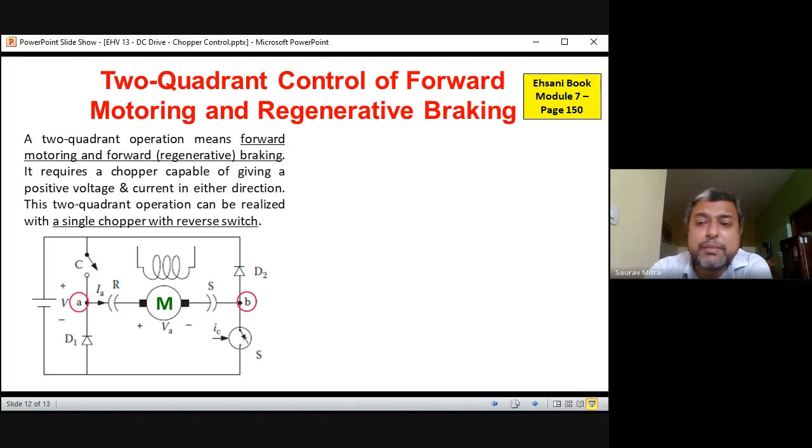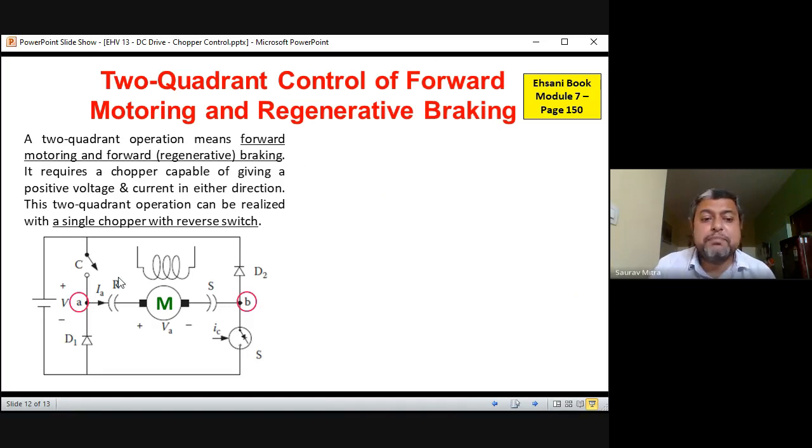So how is this happening? This is the second circuit of the chopper, which is called two-quadrant control of forward motoring and regenerative braking through chopper. Class A chopper is single direction, but this two-quadrant chopper has bi-quadrant operation, and this is also controlled by a chopper.